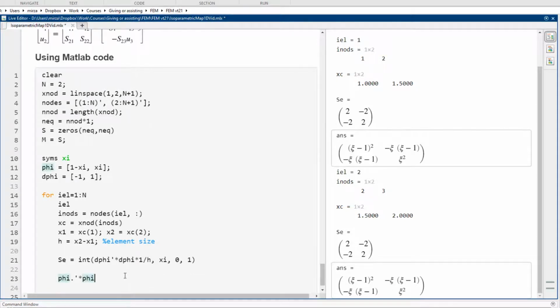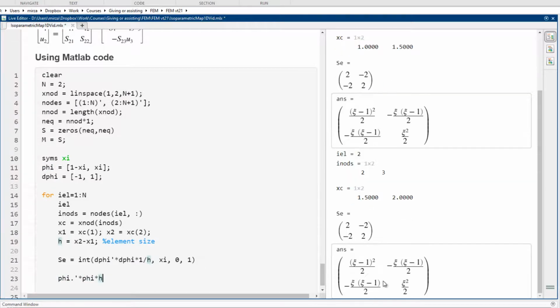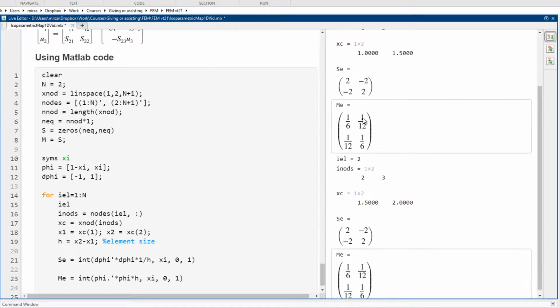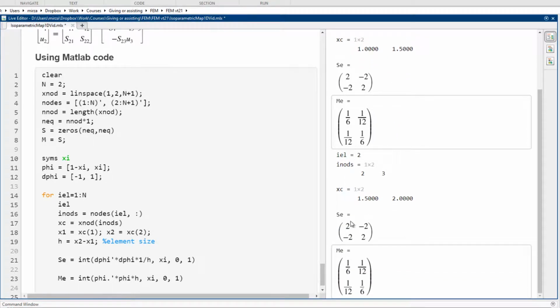And if we multiply this with h, then we know we get h in there, and then we need to integrate this with respect to xi, from 0 to 1, like so. And you recognize this output is the same stuff we had above, and you see here also that for both of our elements, these two matrices are the same.